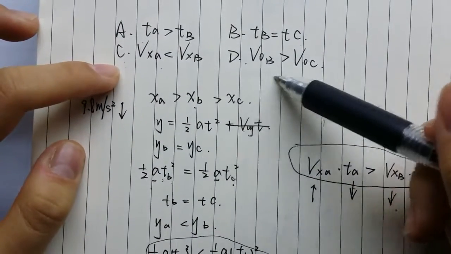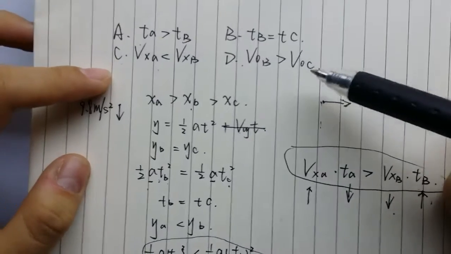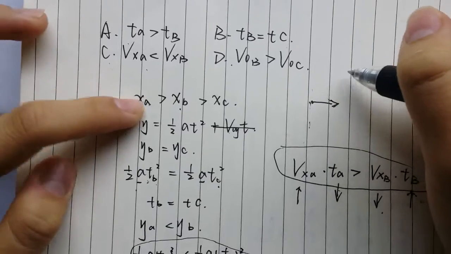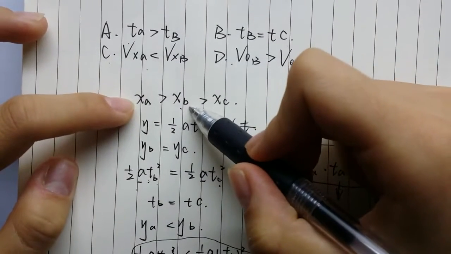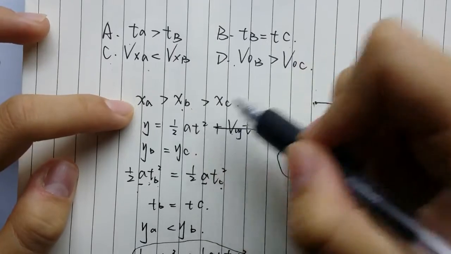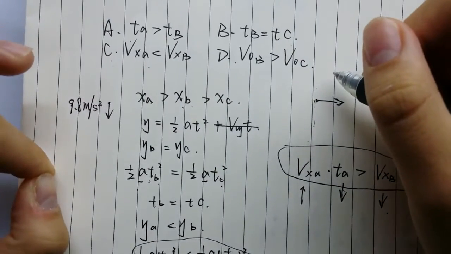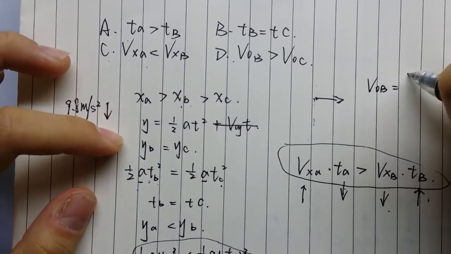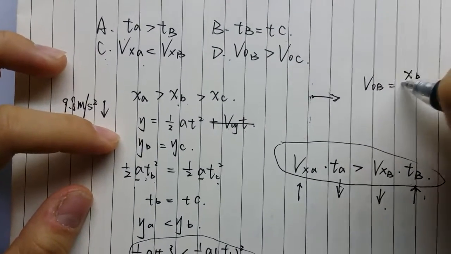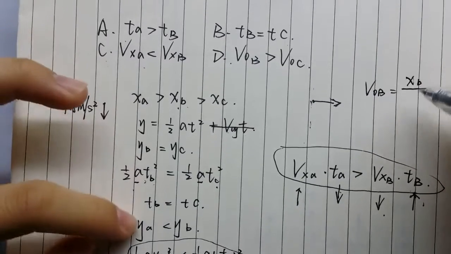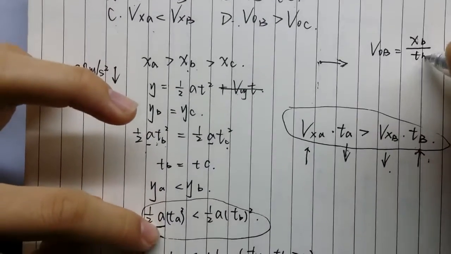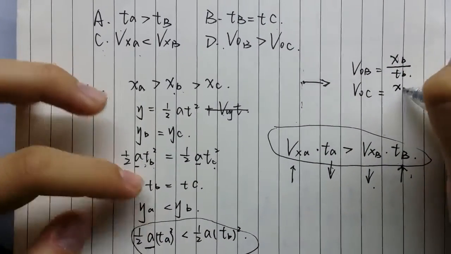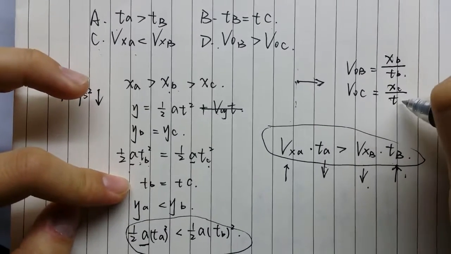And for option D, because XA is bigger than XB, V0B can become XB divided by TB, and V0C can be XC divided by TC.